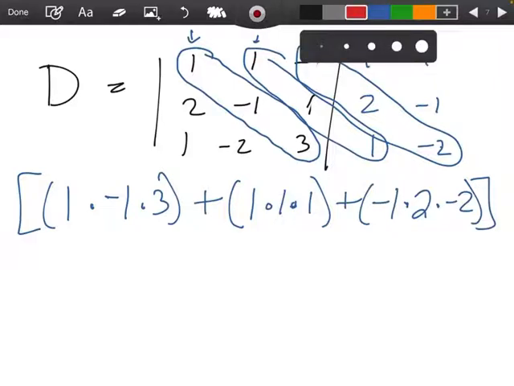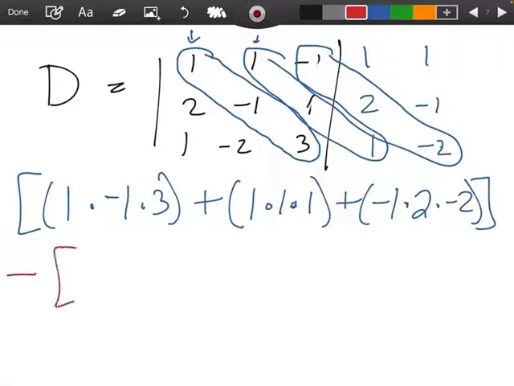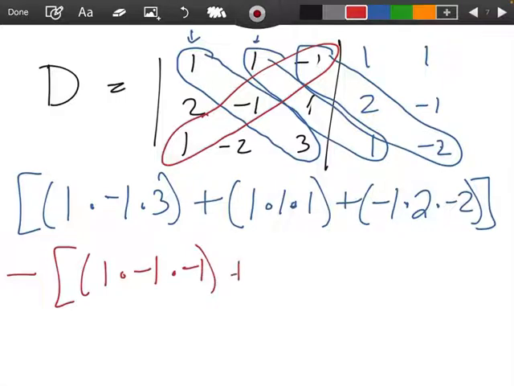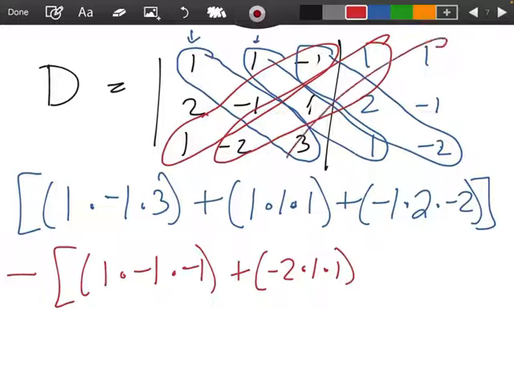And then now, y'all, we're actually going to subtract, and we're going to start going diagonally the other way, okay? So this is going to be 1 times -1 times another -1, plus right here, -2 times 1 right there, and then one more time right here, 3 times 2 times 1, okay?